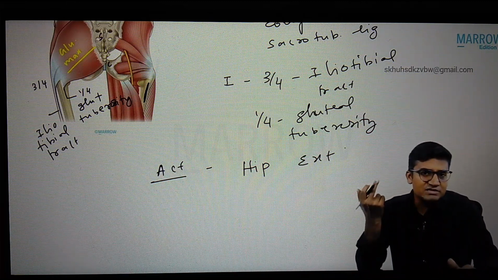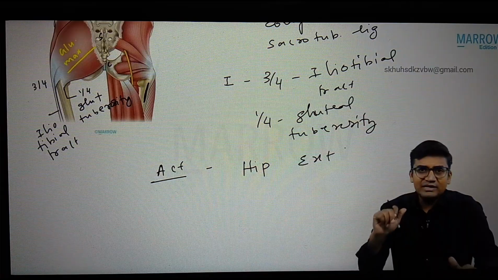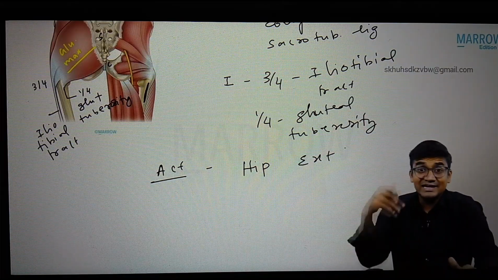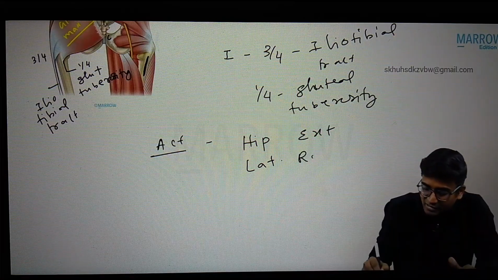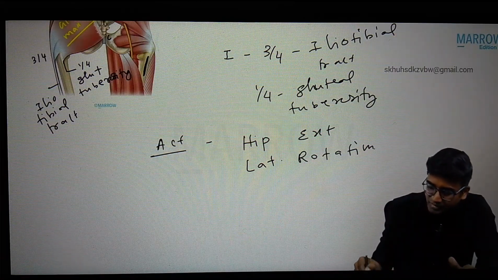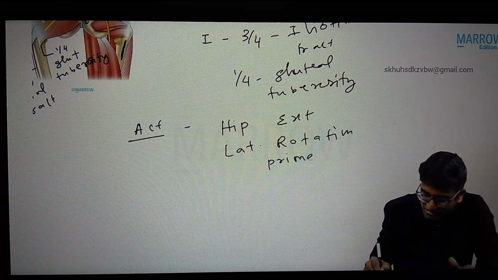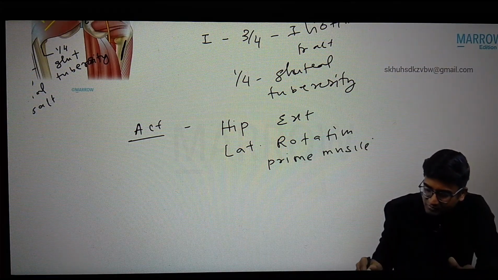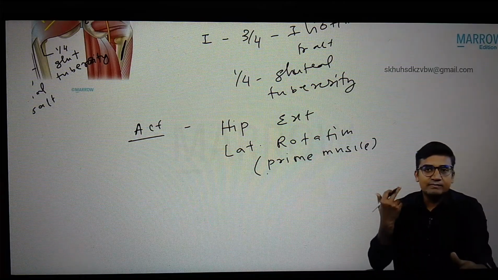See, gluteus maximus muscle, 3/4 of the muscle is attached to the iliotibial tract. Iliotibial tract is a modification of deep fascia on the lateral aspect of the thigh. So this muscle also does lateral rotation of the hip. And please remember, it is the prime muscle or main muscle for lateral rotation of the hip.